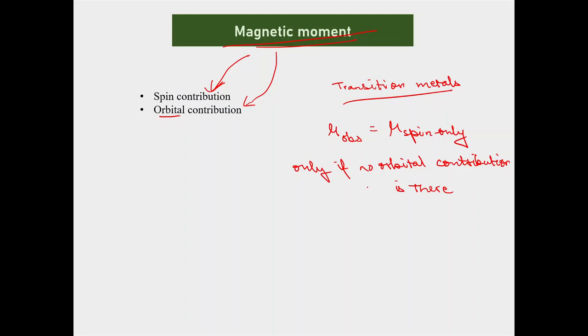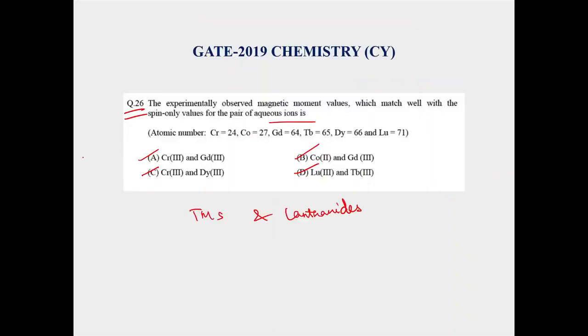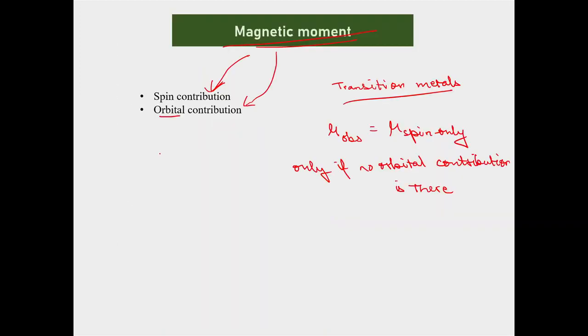So, what are the given transition metal complexes in this case? Chromium 3 and cobalt 2, right? Before that, this is the condition for having spin only magnetic moment as the observed magnetic moment value, for transition metals, and for lanthanides also it is the same.